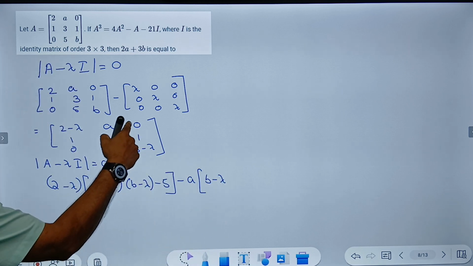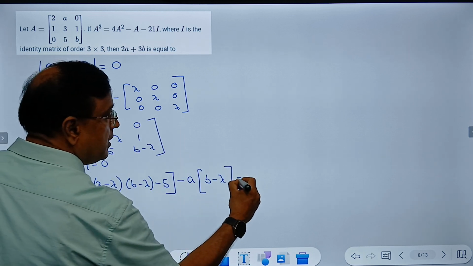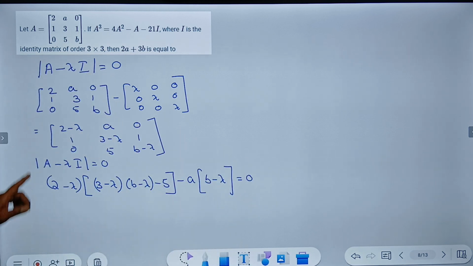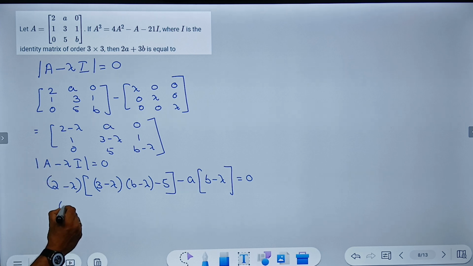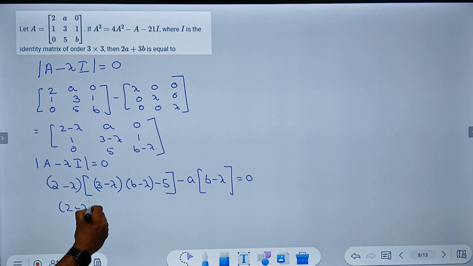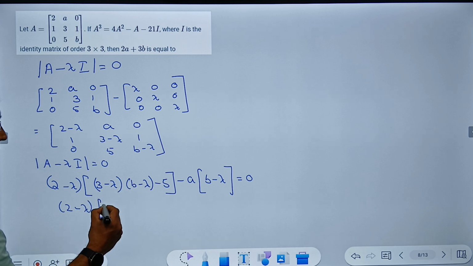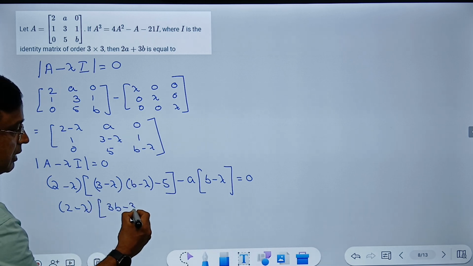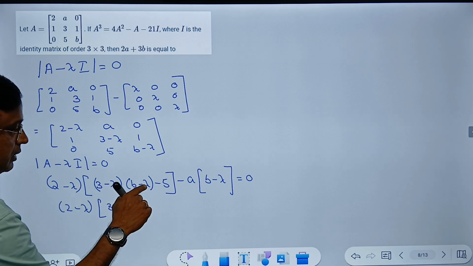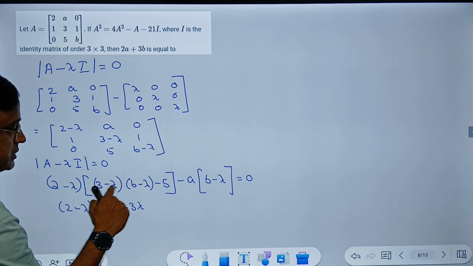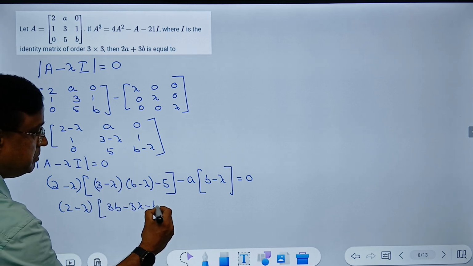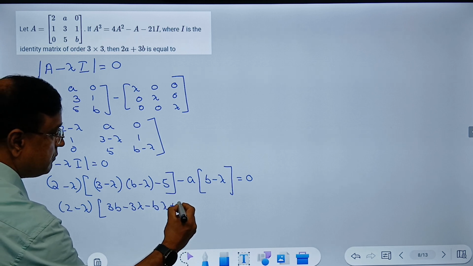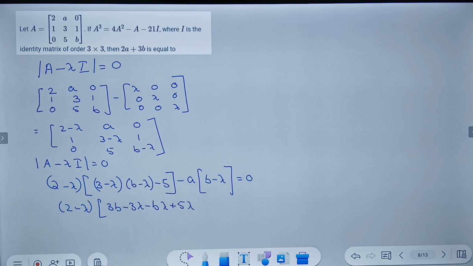The other one is 0, so 0 into anything is 0. So this is the determinant value of A minus lambda I. Now I will open the bracket. First I will simplify this. So you get 3b minus 3 lambda minus b lambda plus 5 lambda, correct?